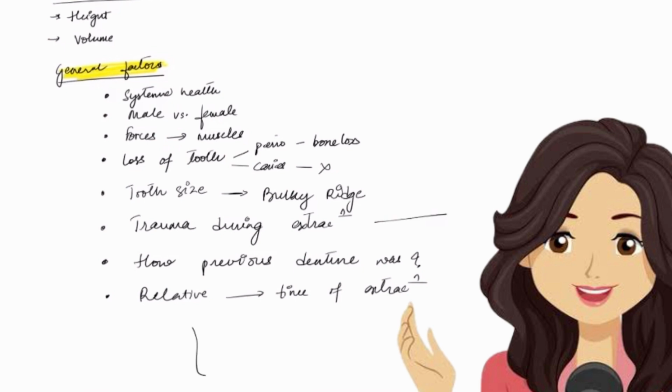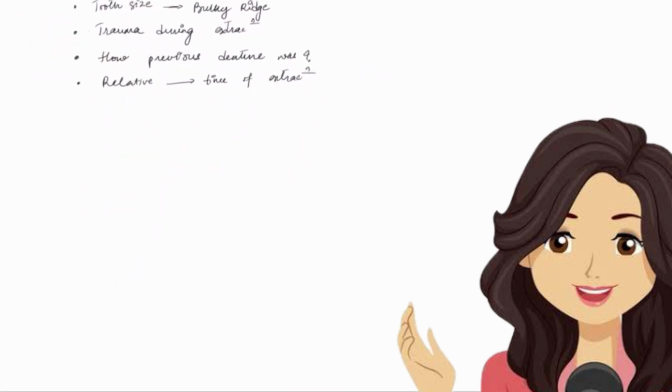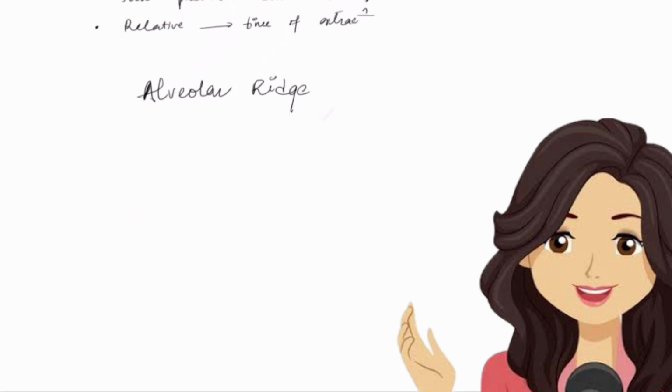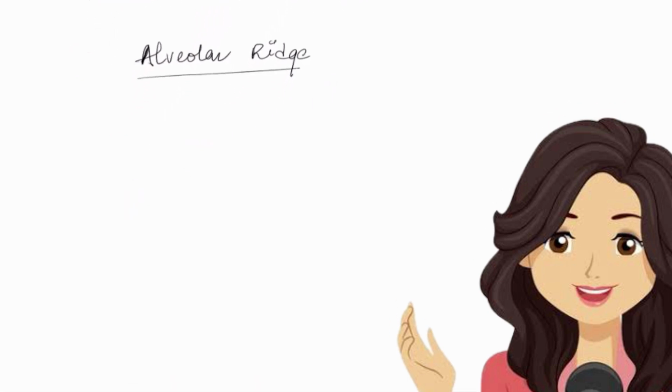Now, if we start discussing the different anatomic shapes of the alveolar ridge, this could be the shape or the anatomy of the palate.